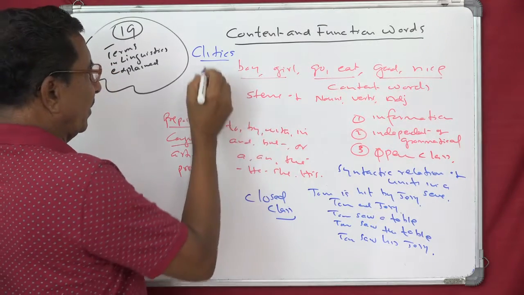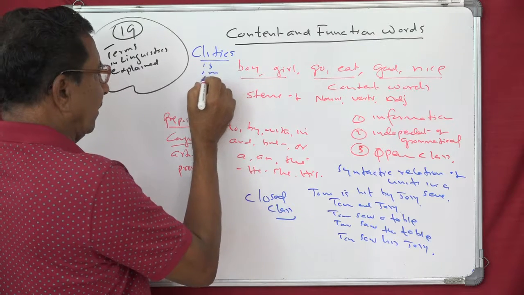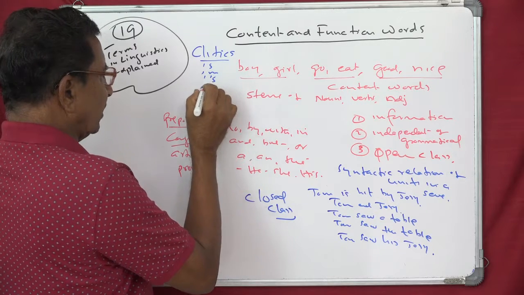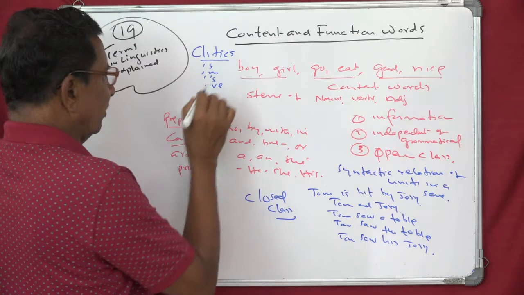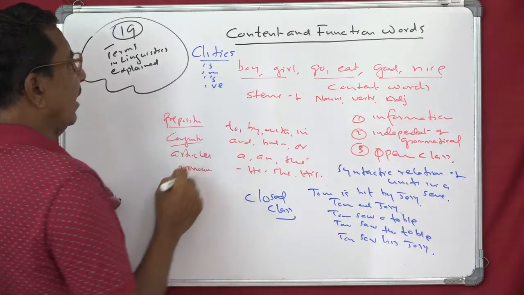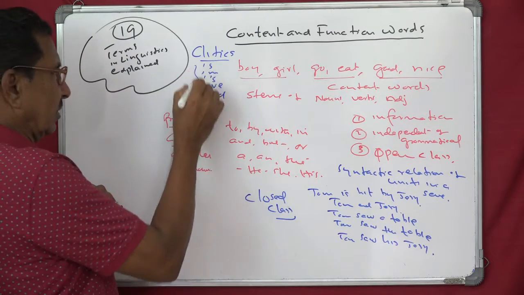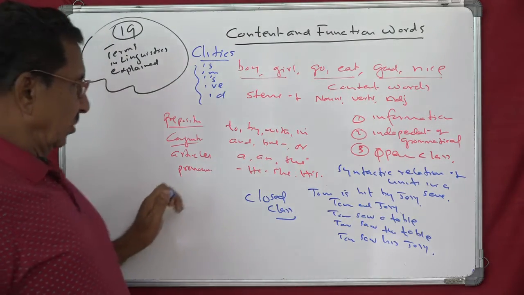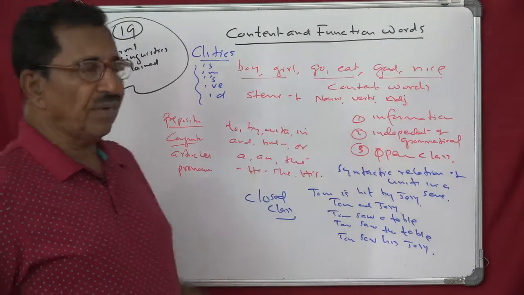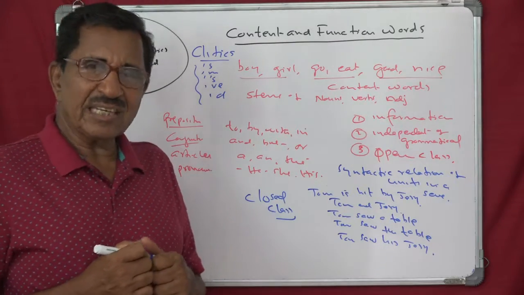Say, for example, apostrophe s and small words, short forms like this: I've, I'd, like this. Now these you cannot consider as closed class and you cannot consider them as function words. So that's why you call them clitics, meaning little words.